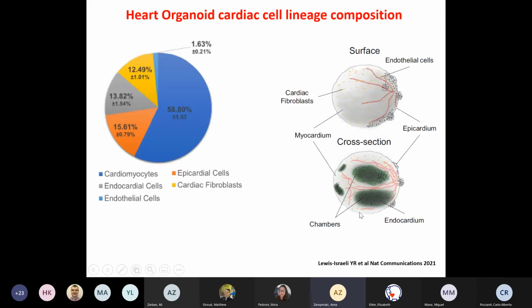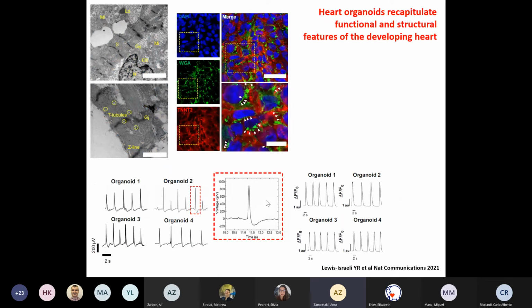When they look at the percentage of the different lineages in these heart organoids, they discover that it resembles the fetal heart very much, with the majority of cells being cardiomyocytes, but also cardiac fibroblasts, endocardial cells, epicardial cells, and endothelial cells. And this is how the structures would actually look based on their analysis.